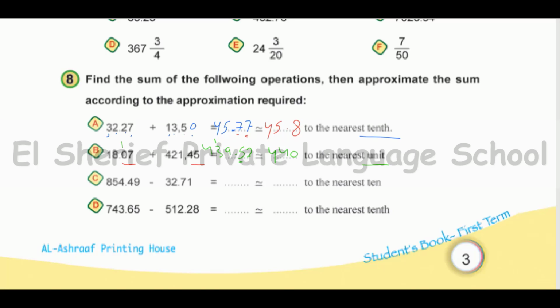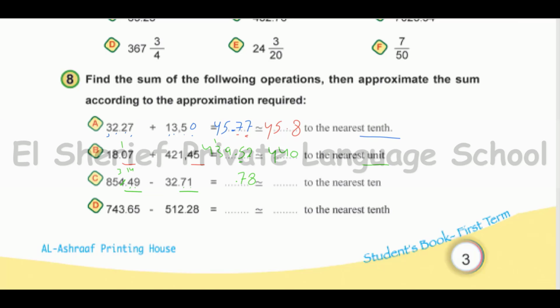Letter C. We subtract, but here we must check the decimal part. We have 2 digits here and 2 digits. That's good. 9 minus 1 equals 8. 4 minus 7, we can't, so borrow 1. 4 becomes 3, and 4 becomes 14. 14 minus 7 equals 7.